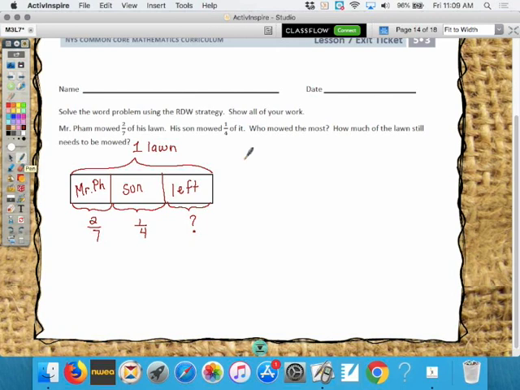So 2/7 plus 1/4. And Isaiah already said that the common denominator is 28.